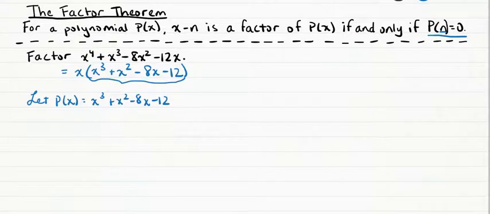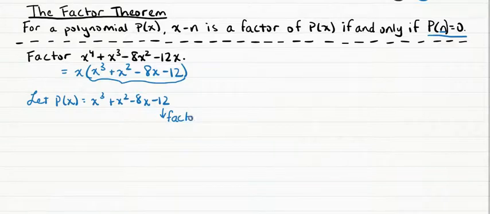So what we do is we try different values. And we don't just try different values randomly. I'll let you think about why this is, but the values that we're going to substitute in, if they're to be a factor, they must be factors of 12.